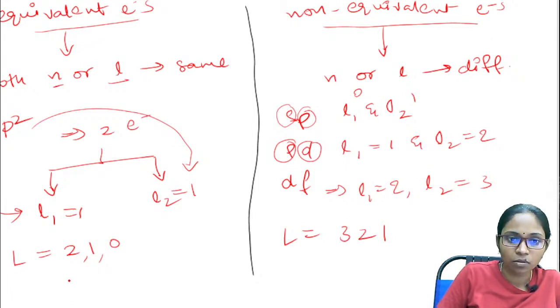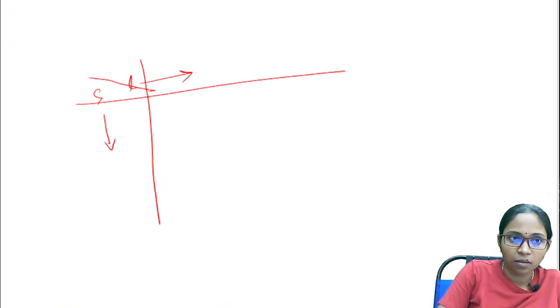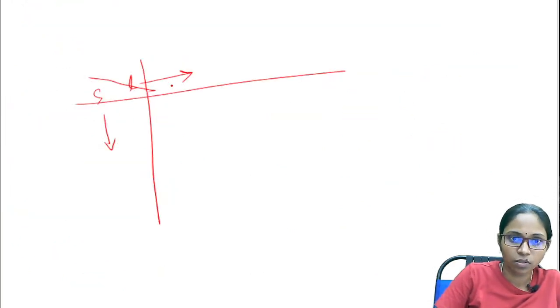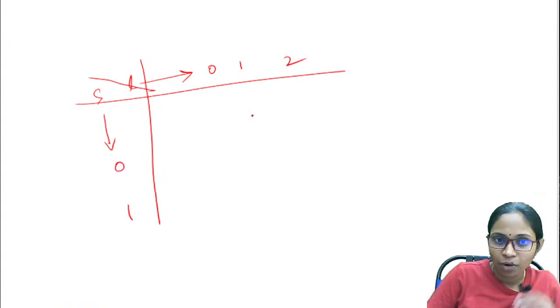And coming to S values, 1 by 2 minus 1 by 2 is 0, 1 by 2 plus 1 by 2 will be 1. And here also S values are 1 and 0. So for the equivalent case we have L values 0, 1, 2, and for the non-equivalent case L values are 1, 2, 3.